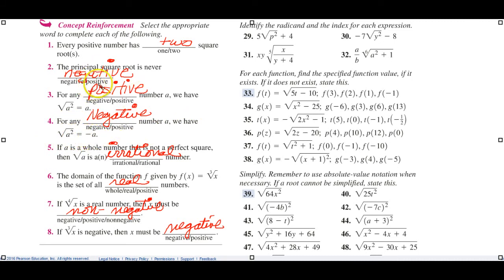And you'll be doing examples of this, and we should have done some in our lesson. If a is a whole number that is not a perfect square, then the square root of that whole number is irrational.